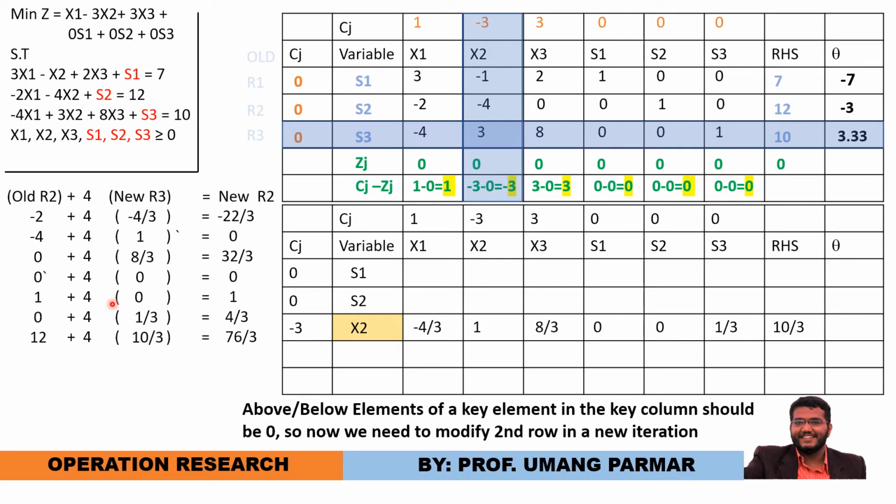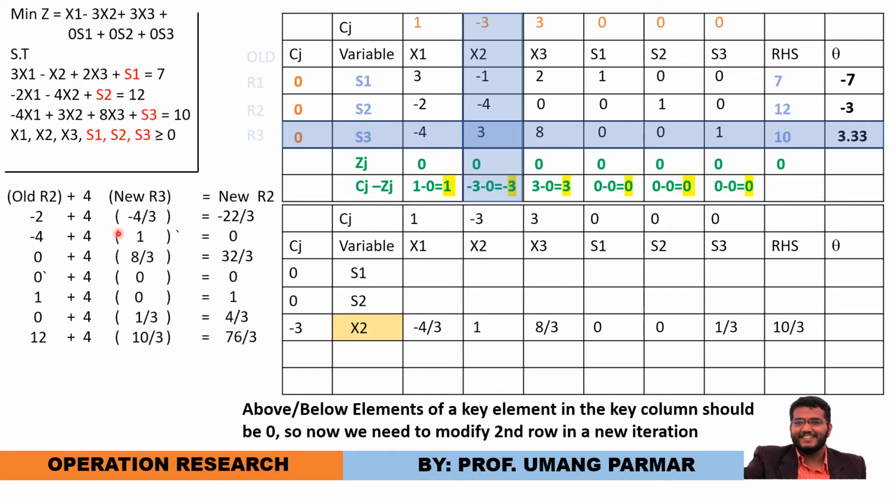Here 0 is multiplied by 4 and added to 1, the answer will be 1. Here 4 is multiplied by 1 by 3 and added to 0, so the answer will be 4 by 3. And at last, 12 plus 4 into 10 by 3 becomes 12 plus 40 by 3, so that is 36 plus 40, 76 divided by 3.